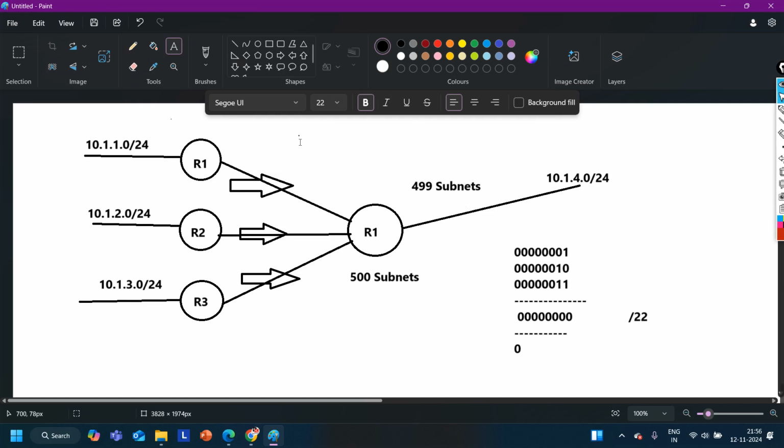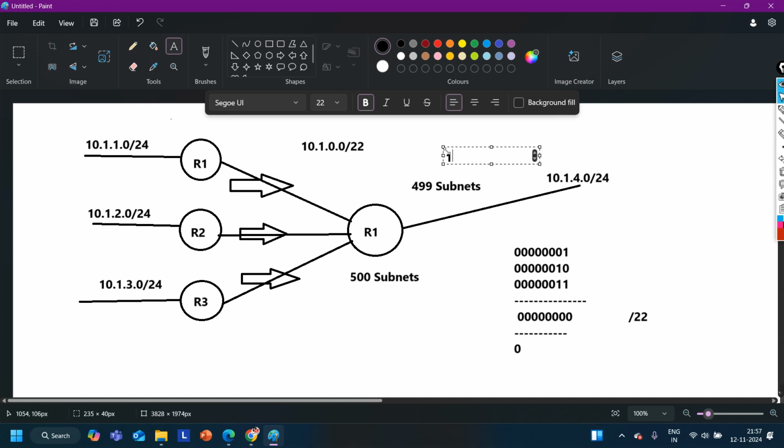So my summary address is going to be what? 10.1. The first octet and second octet values are the same; we have not changed anything. The third octet value will be 0, right? After the AND operation, whatever decimal value we get is 0. Then .0 and the slash value is going to be 22.